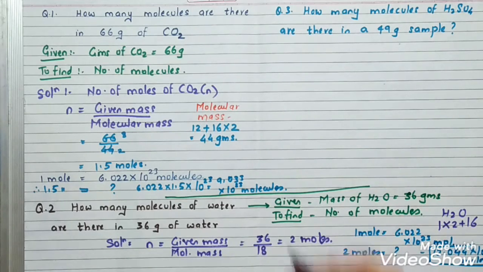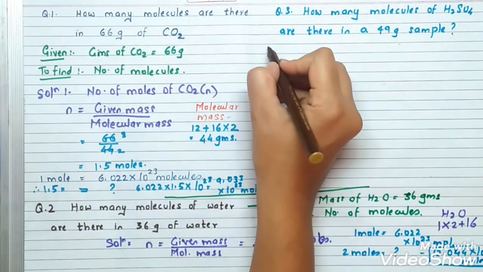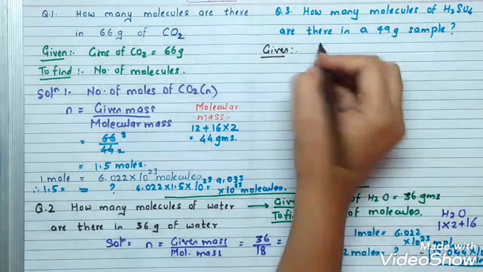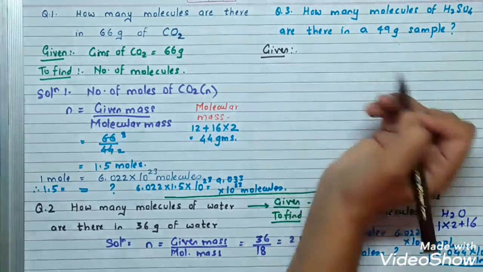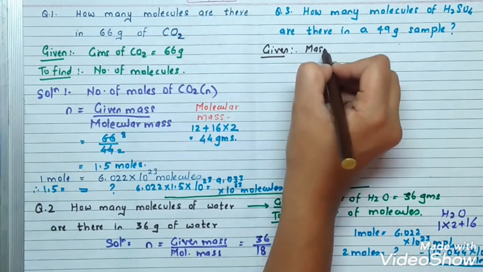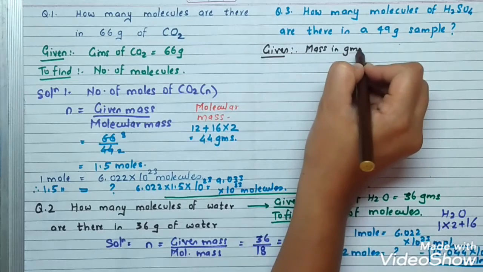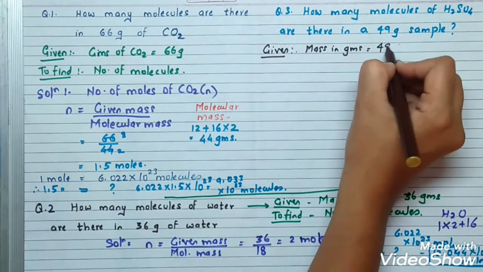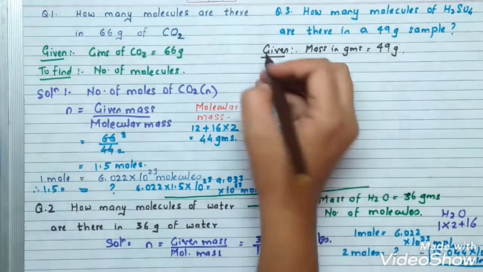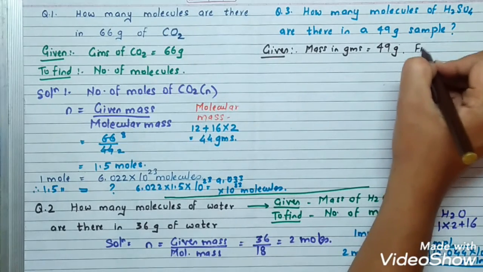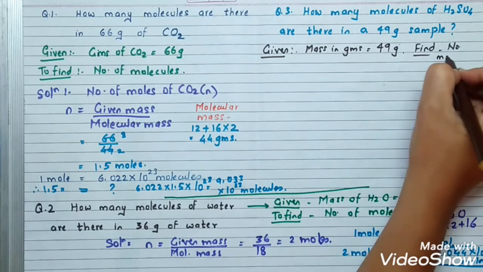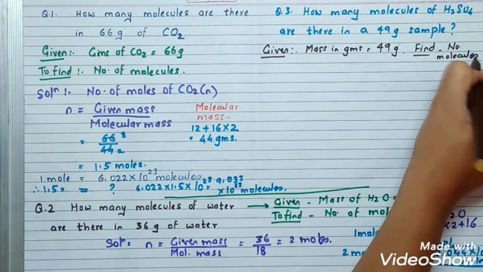What is given to you? Given to you is the mass in grams of sulfuric acid, which is 49 grams. We have to find the number of molecules.